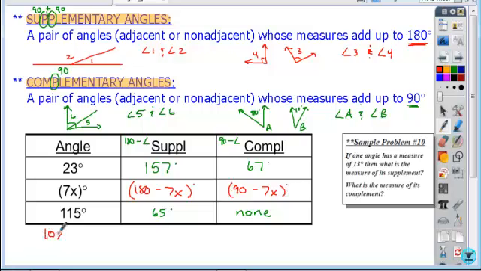Okay, so what happens, though, when we do something like this? What if we give the angle an expression that has more than just one term? If this happens, we use the same concept that we did here. You just need to work through it and simplify your remaining expressions.